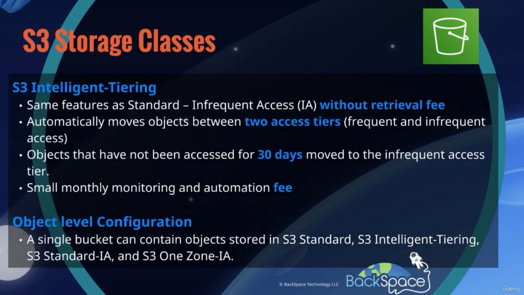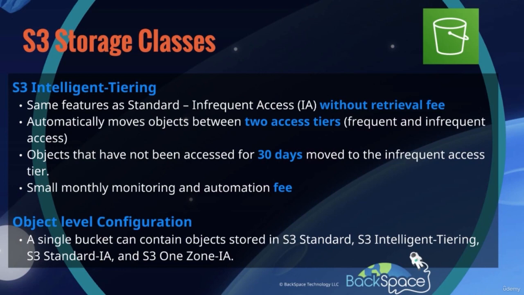The final class there is S3 Intelligent-Tiering. That's the same as standard IA, but it doesn't have that retrieval fee. But it does have a small monthly monitoring and automation fee to manage these objects for you.